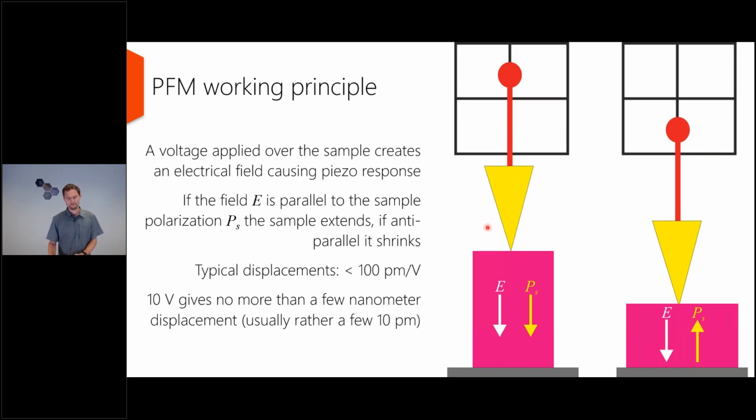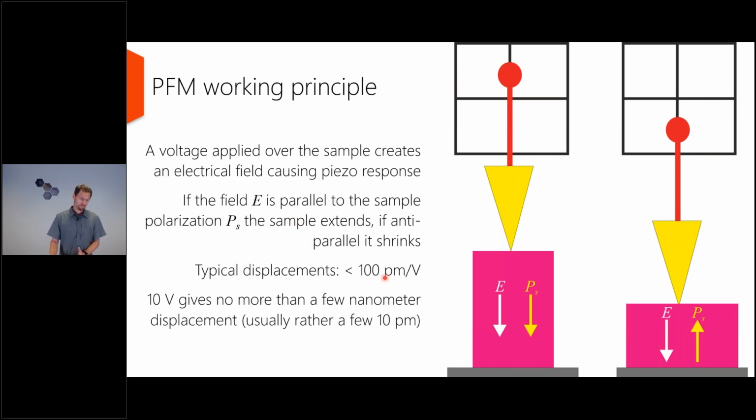If there is an AFM tip on top, this AFM tip is pushed up and the laser light is moving up. However, if the polarization is anti-parallel, the sample is not extending, but it's rather shrinking. The cantilever is going down and the laser will go to the lower half of the readout sensor.